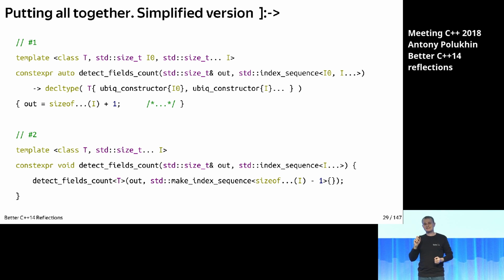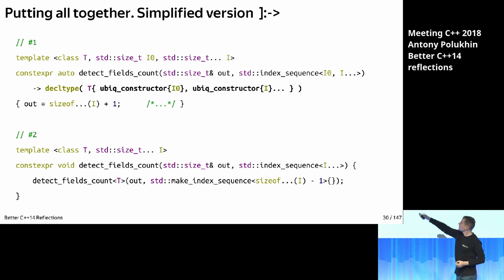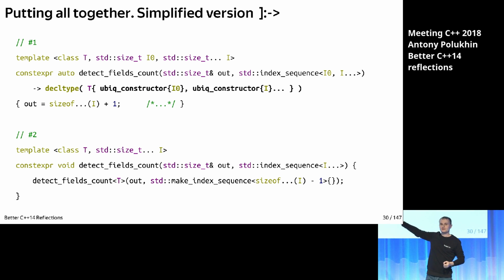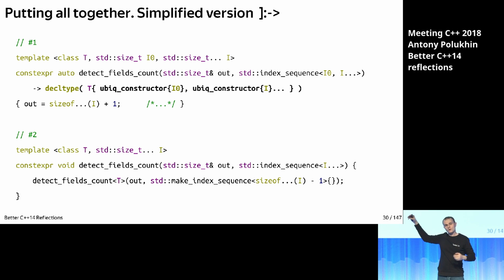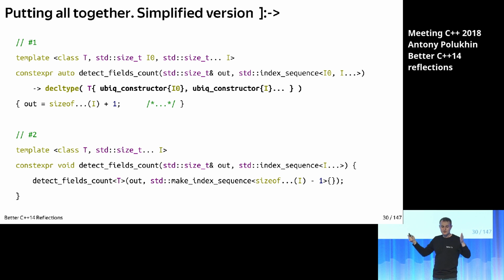The first function is slightly more specialized than the second, so the compiler will try to use it first. And look here. We've got an aggregate initialization in the return type of that function. So if the compiler could compile that expression, great.